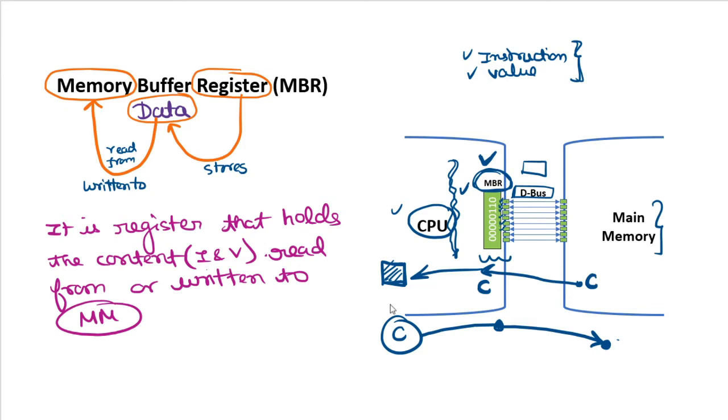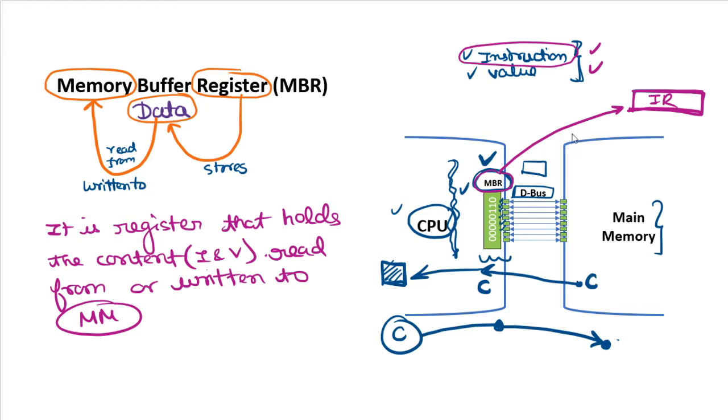Now this incoming content, as we already discussed, can either be an instruction or a value, and based on the type of content, the MBR does the following. If it gets an instruction, it is sent to a special purpose register, which is the instruction register.